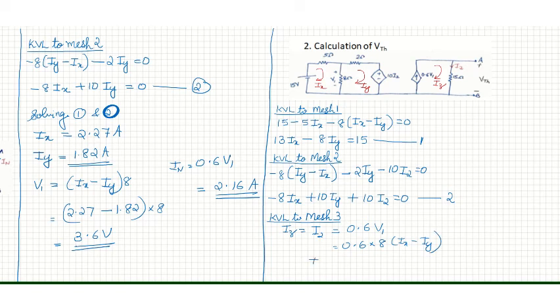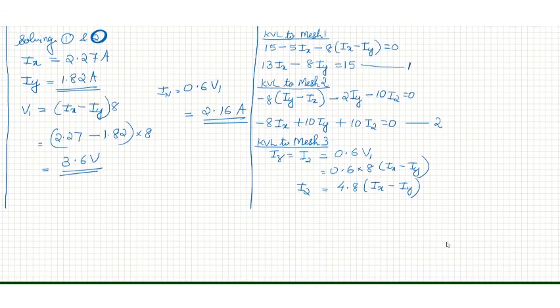So we got the equation I2 is equal to 4.8 (Ix minus Iy), that is 4.8 Ix minus 4.8 Iy minus I2 equal to 0. That's equation number 3.